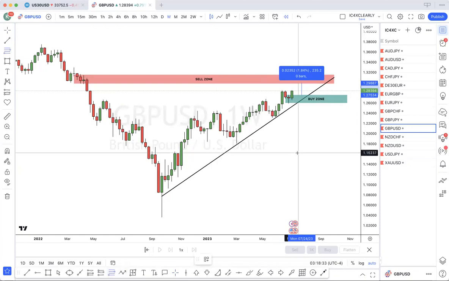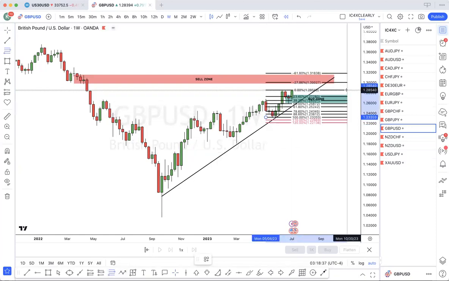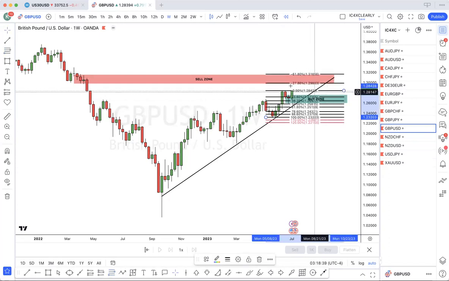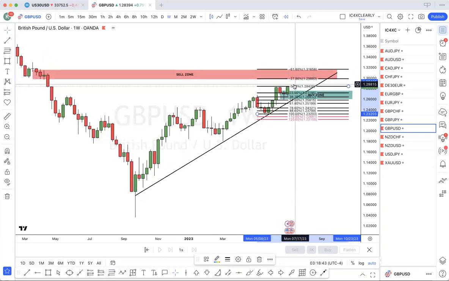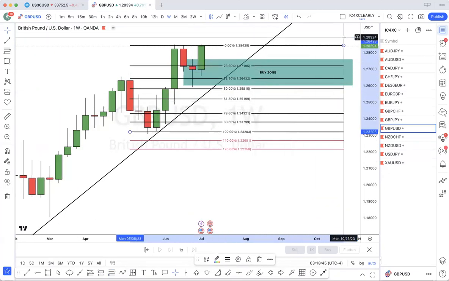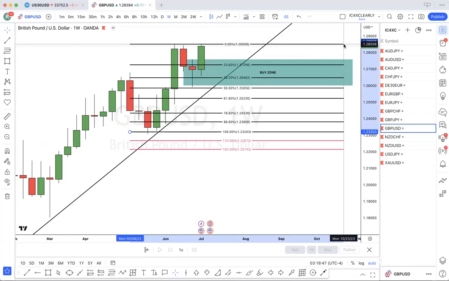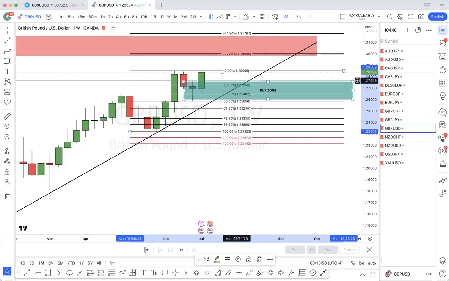If I did my last swing move, that would be my negative 27. So the last swing move occurred. It pulled back to almost the 50%. So I would be looking for it to continue buying to negative 27.